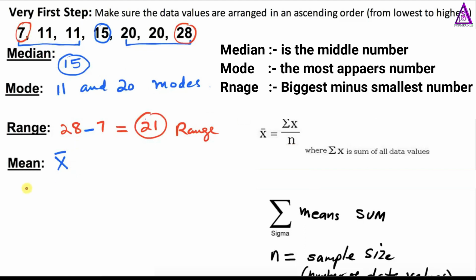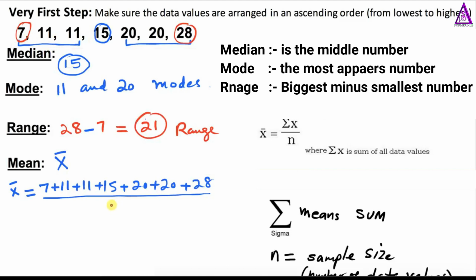So x bar is equal to 7 plus 11 plus 11 plus 15 plus 20 plus 20 plus 28, all divided by our sample size, which is 7. The top gave us 112, divided by 7, which gives us 16.